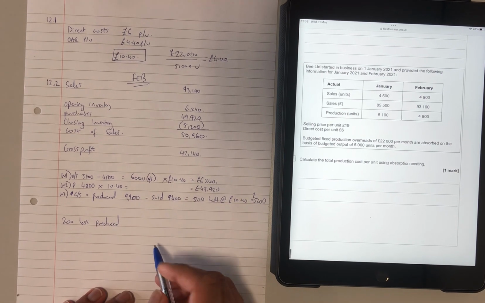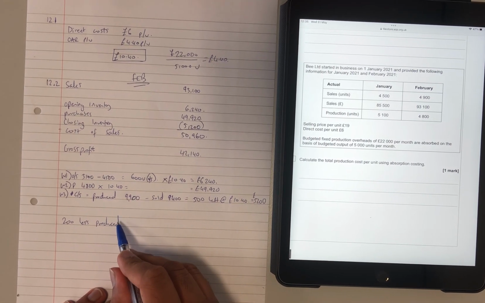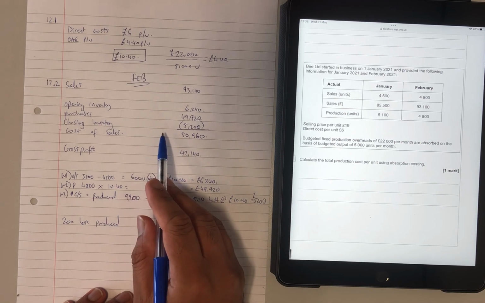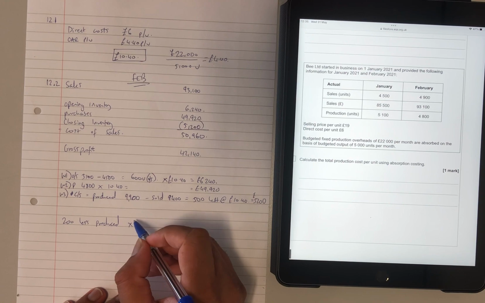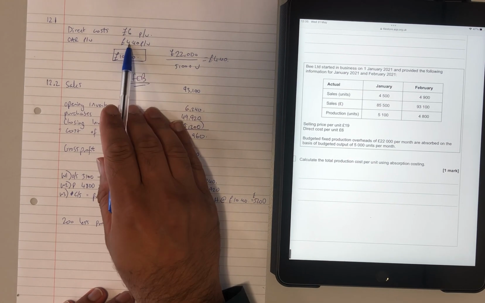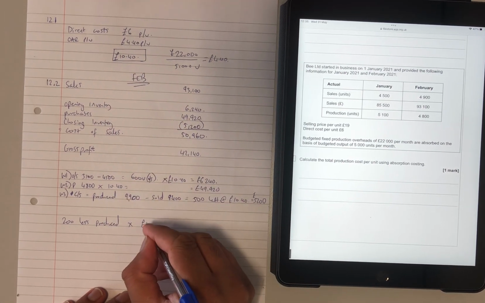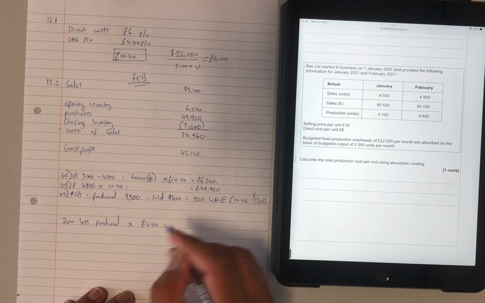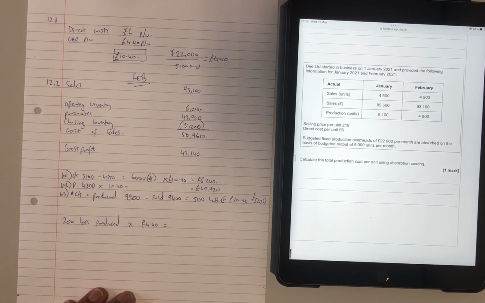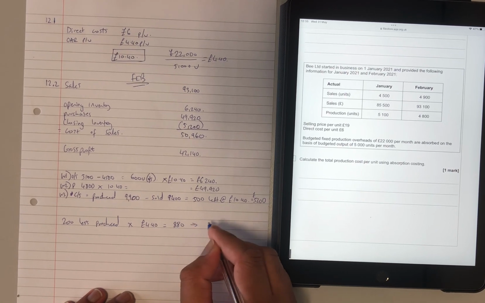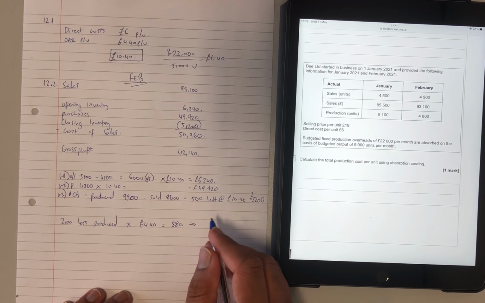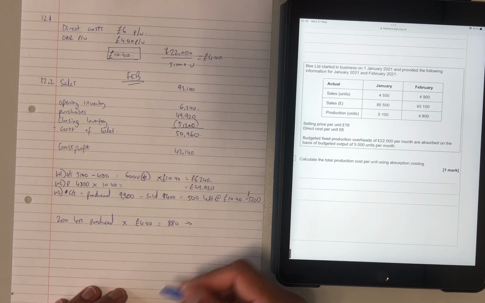This means that 200 units we have not factored in to our costs, which means 200 times by the OAR rate of £4.40, which is £880. This we have not absorbed, so we have undercharged.